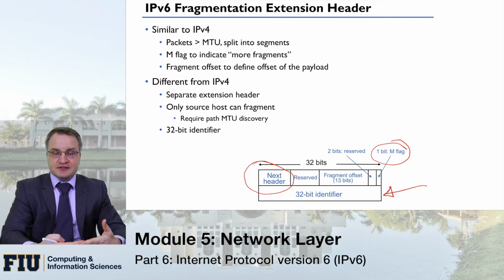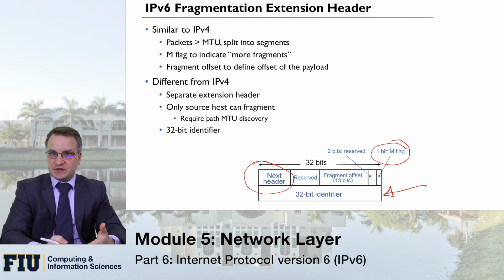The major difference from IPv4 in IPv6 fragmentation is not the header itself, but rather the logic behind the fragmentation. If you remember, in IPv4, every single system that encounters a packet that it cannot forward further will split it. The packet can be split multiple times at different hops.